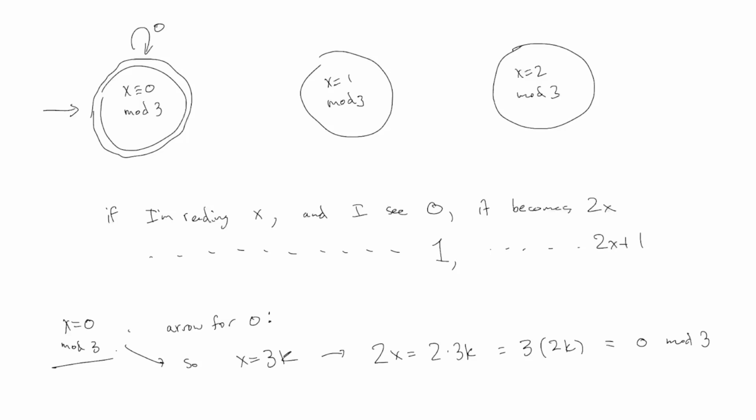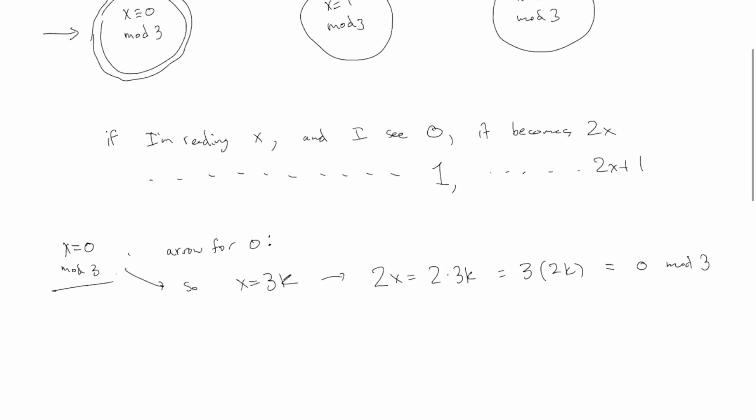Let's try the arrow for the 1. So in this case, we still have x equals 3k. But this time when I read a 1, it becomes 2x plus 1, right? That's the second thing that I said here. When you read a 1, the number changes to 2x plus 1. And what does that mean? Well, plugging in again, x equals 3k, this will say 2 times 3k plus 1.